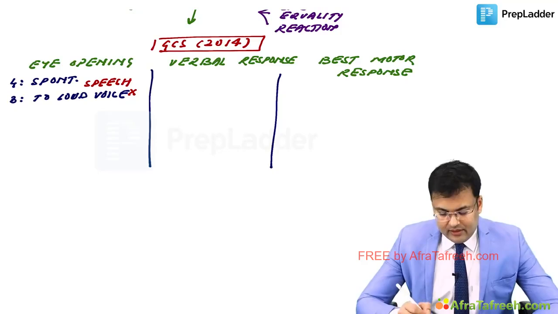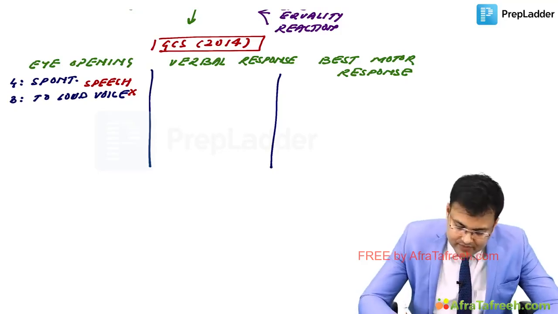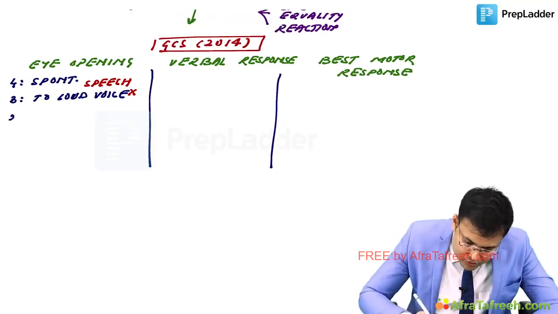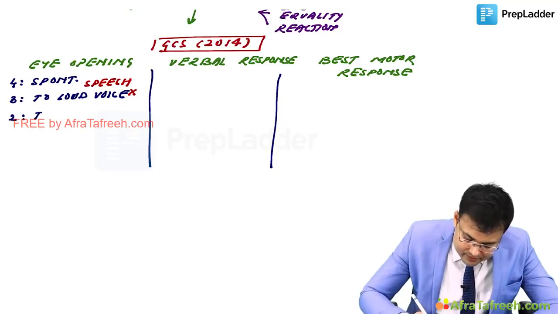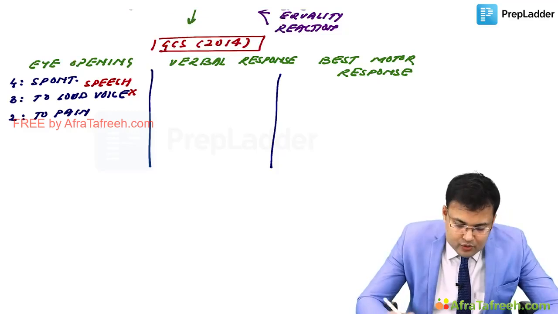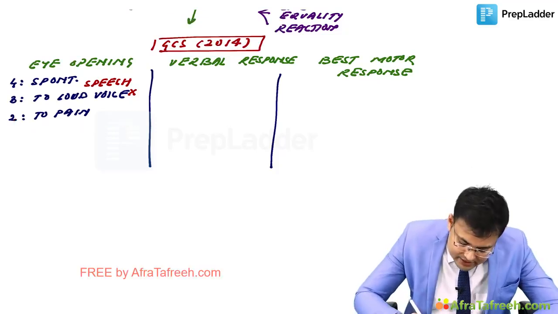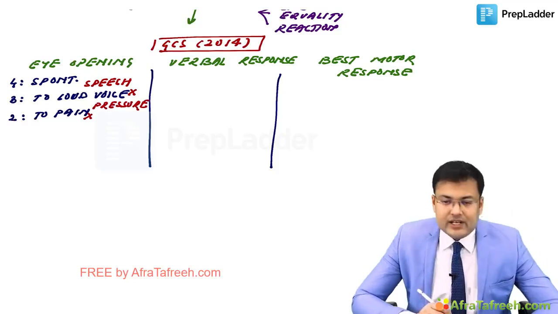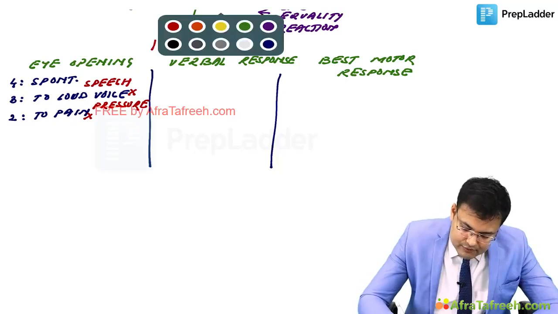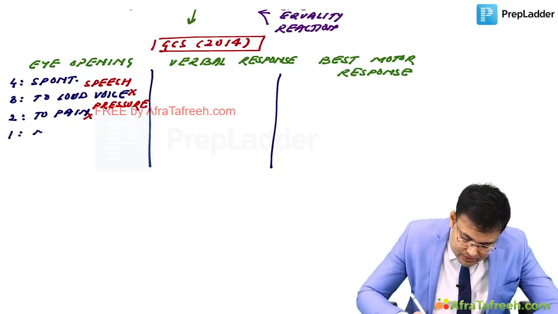So 3 is eye opening to speech. Now score 2 is to pain, eye opening to painful stimuli. According to the previous GCS it was pain, but nowadays what is mentioned? Pressure. So this is the change.